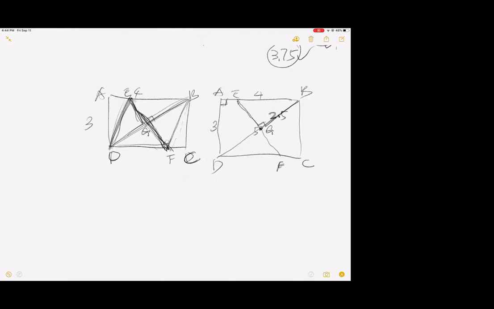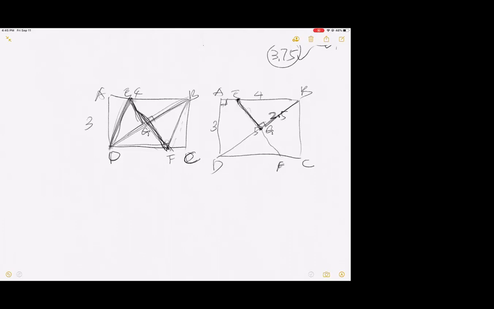Yeah, in order to know EF, you need EG. EG times 2 is EF. So how do you find EG? Pythagorean theorem. But you don't know BE, right? Oh yeah, BE isn't known.